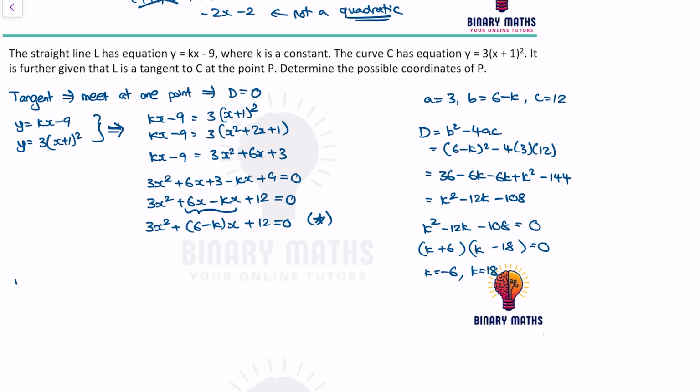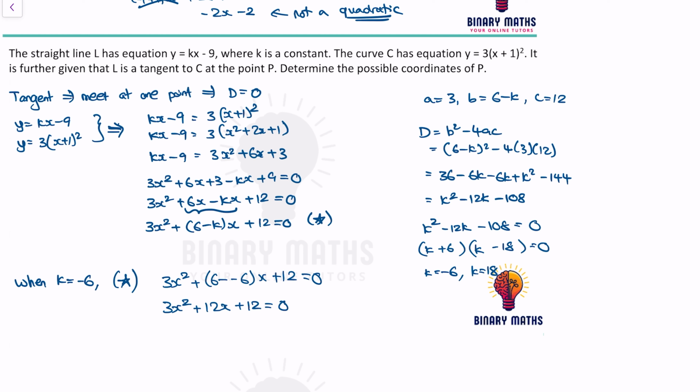Okay, now when k is equal to negative 6, my combined function becomes 3x squared plus 6 take away minus 6 x plus 12 equals 0, which becomes 3x squared plus 12x plus 12 equals 0.